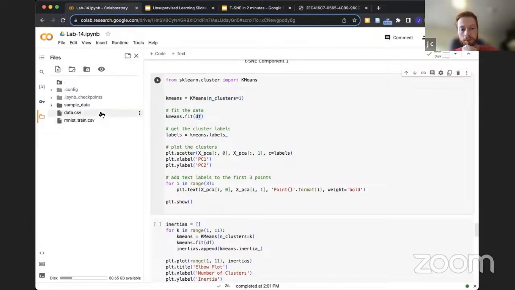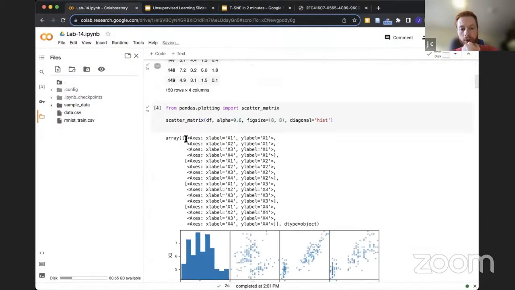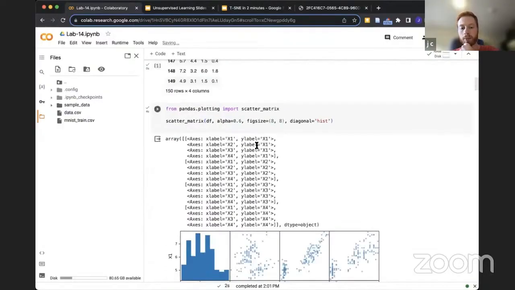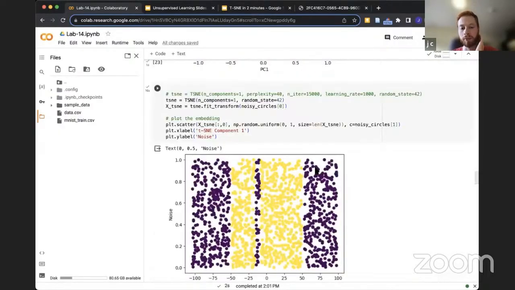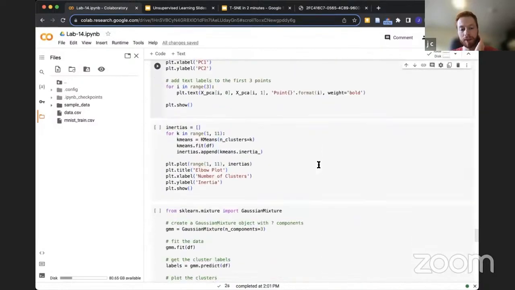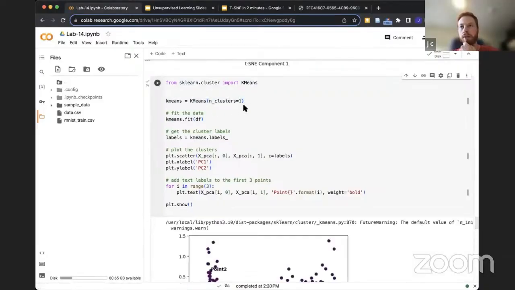Our dataset with our four variables, and where we already revealed that we have 3 classes. But suppose we don't know that, because in unsupervised learning, we don't know that. So I'm using k-means from sklearn again. I initialize it and set the clusters to 1 initially, just so we can look at the data.